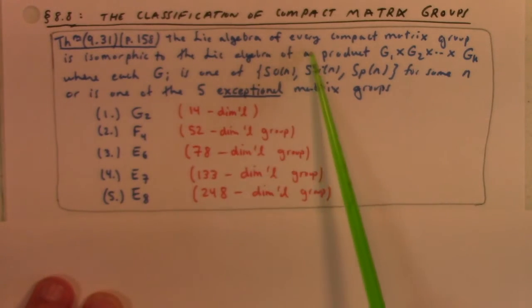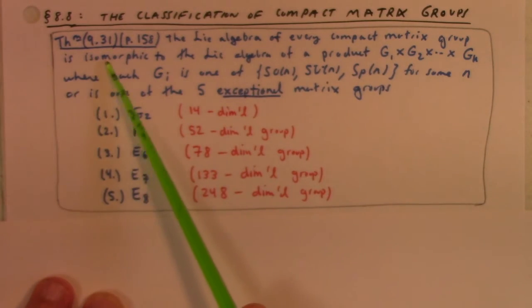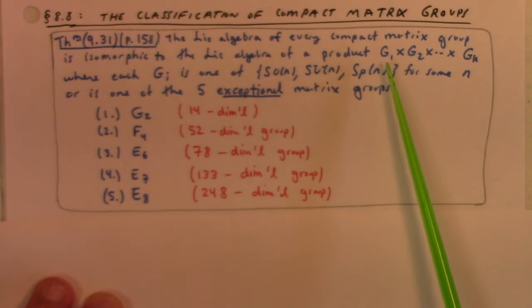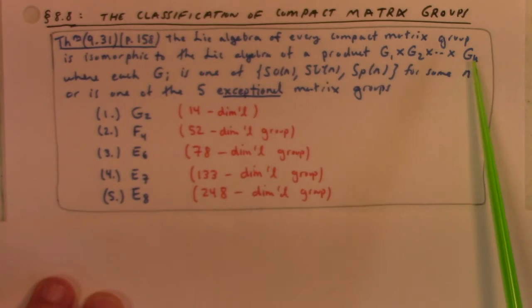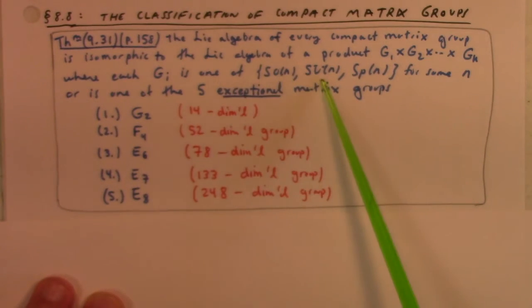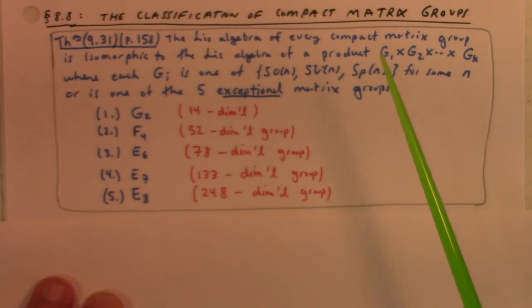The Lie algebra of every compact matrix group is isomorphic to the Lie algebra of a product G1 through GK, where each Gi is one of SO(n), SU(n), and Sp(n), right?